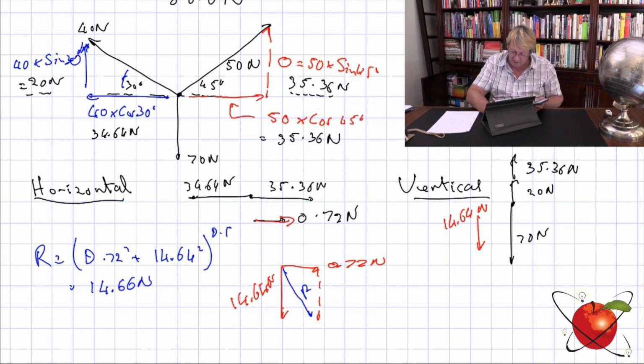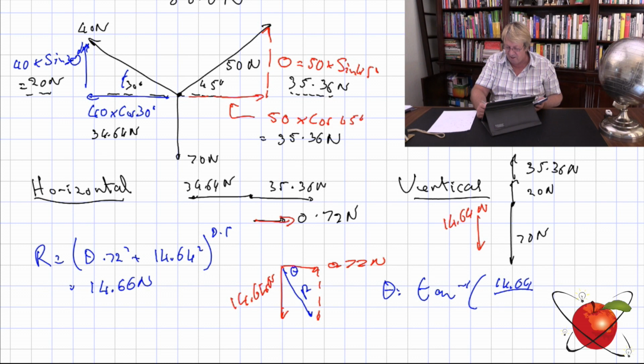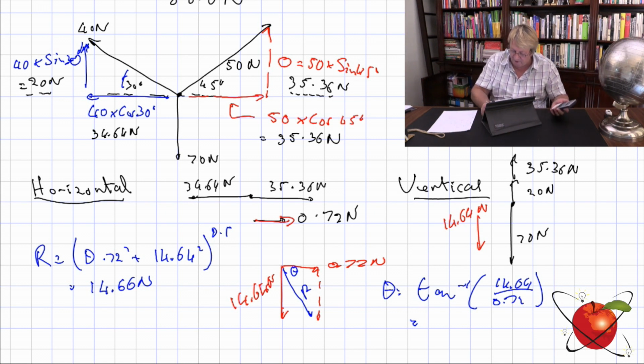Then we say, what is angle theta there? Theta is going to be equal to arctangent of 14.64 divided by 0.72, and we work that out. It's obviously going to be very, very close to 90, it's going to be 87.2 degrees.